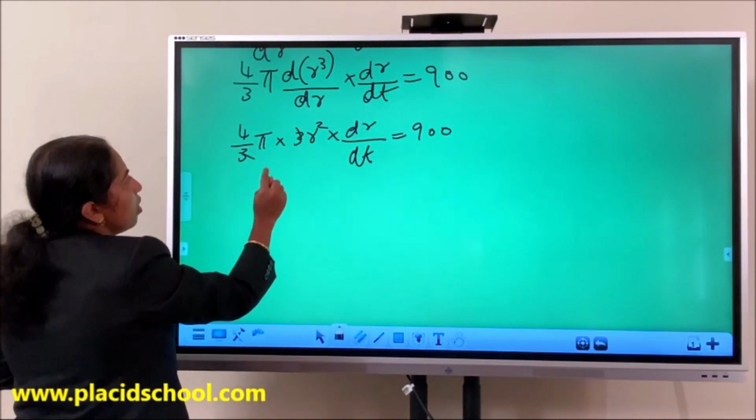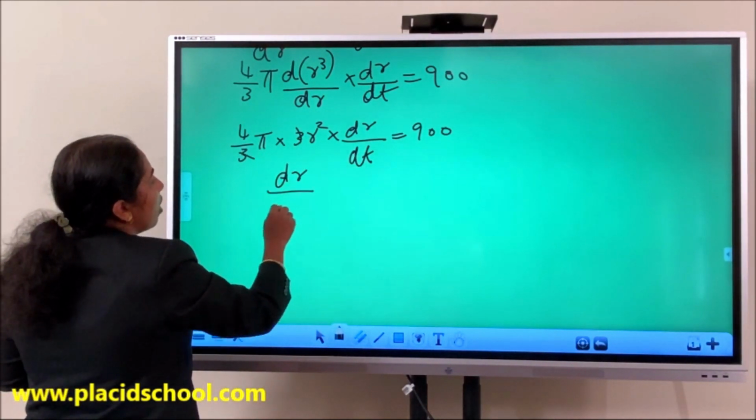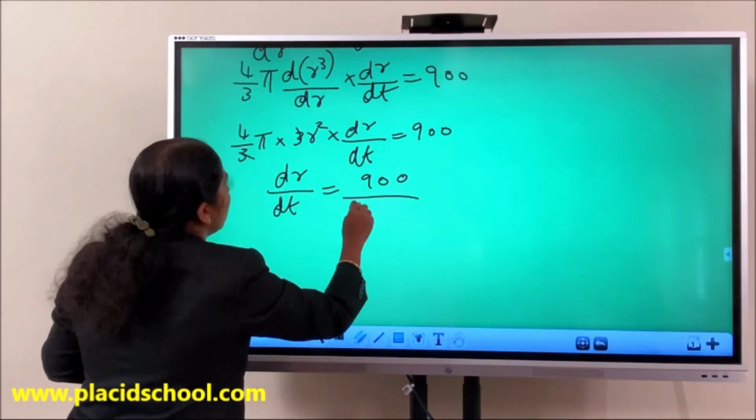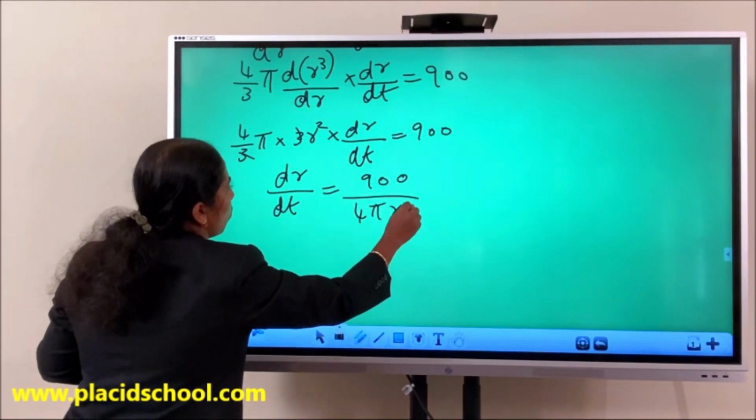The 3's cancel. From here I have dr by dt equal to 900 by 4 pi r square.